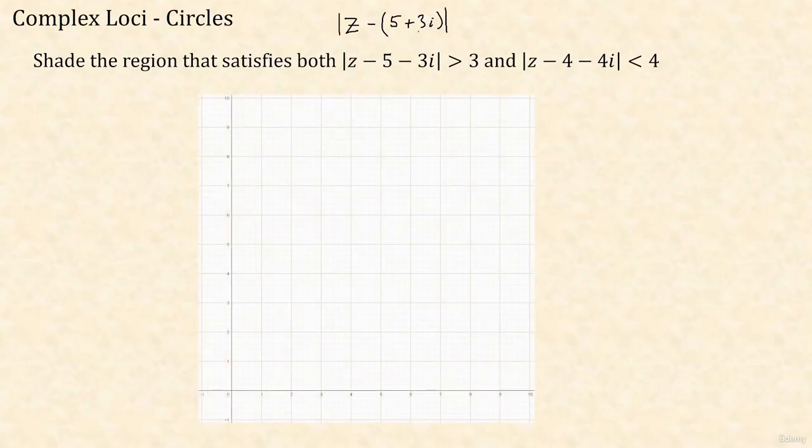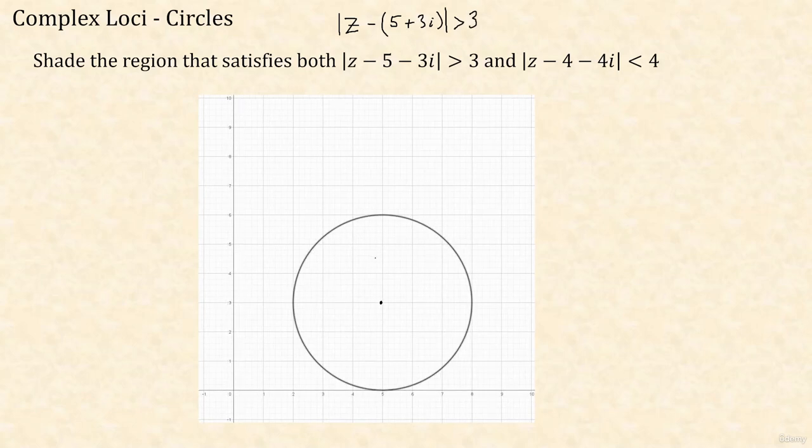So here's my Argand diagram, and it's going to be centre 5 plus 3i, so a centre here, and then it's a circle with a radius of 3, because we want all of the points which are more than 3 units away from that centre. So here's that circle, and we're going to want all the points on the outside of this. I'm going to wait before I shade.